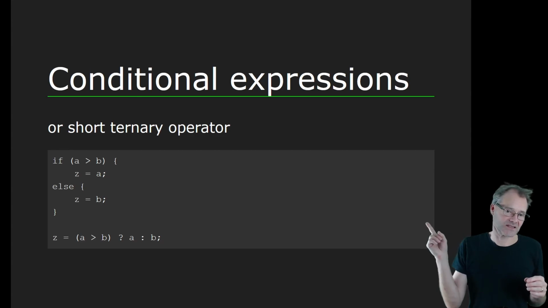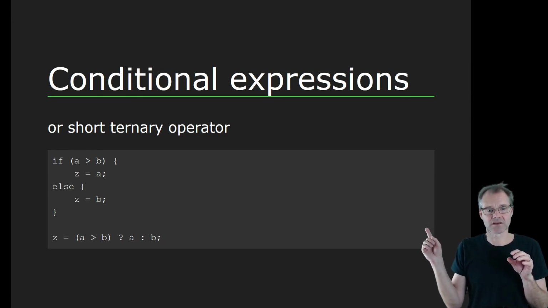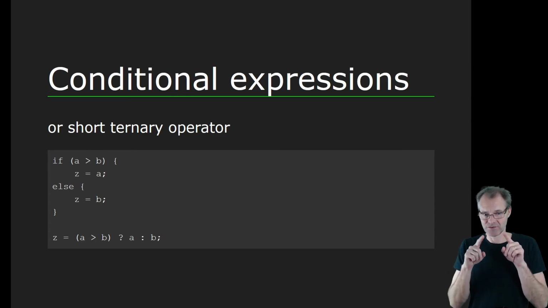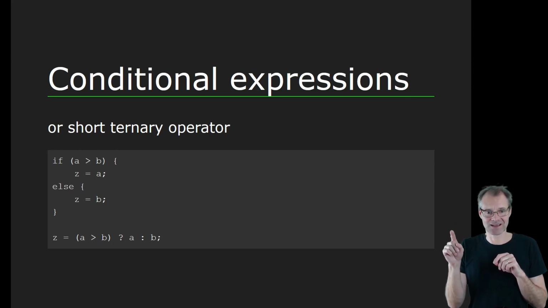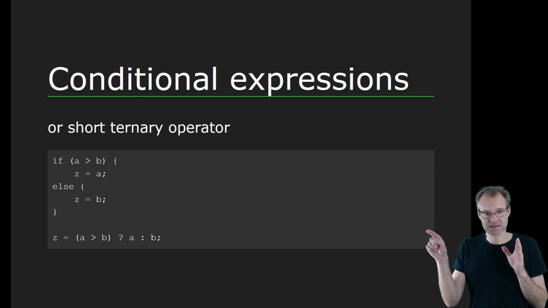If we look at this example, we see an if-else statement that can be rewritten to a conditional expression where set is equal to: if A is greater than B, then, the question mark, you read that as then, leave A, else, colon, leave B. So it's an expression: if true, then this, else leave this. Okay, short ternary operator, conditional expression.